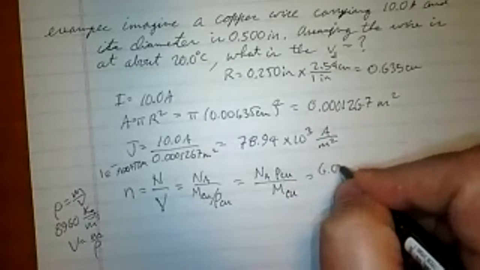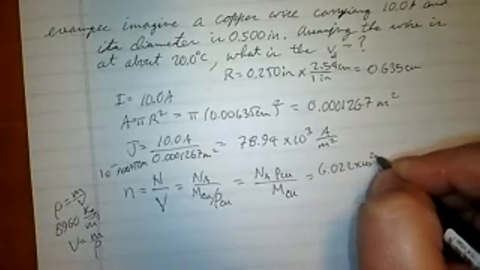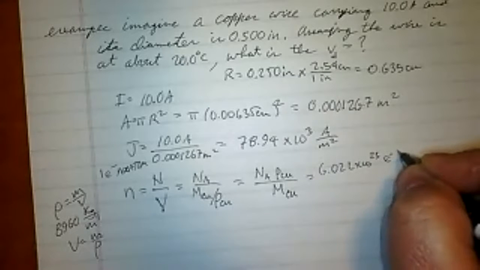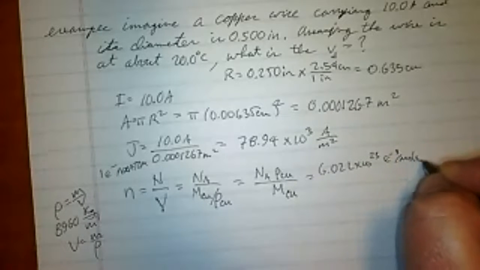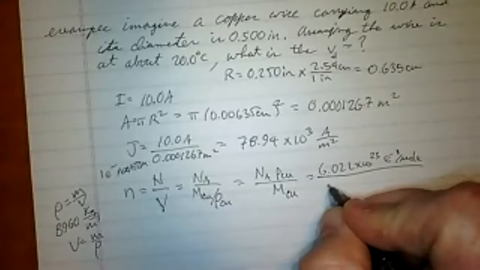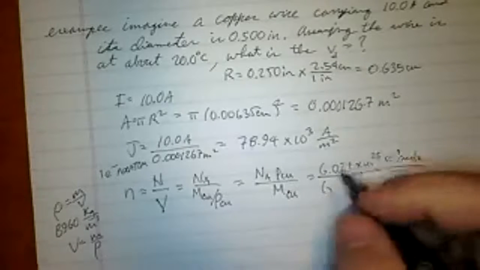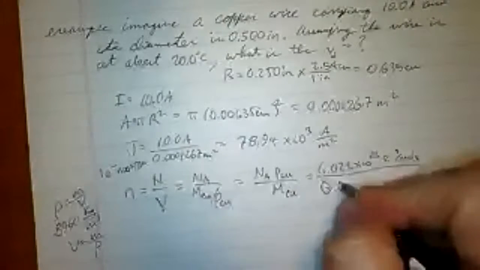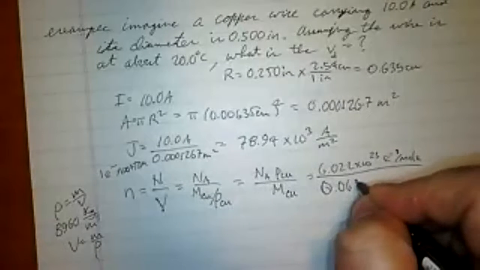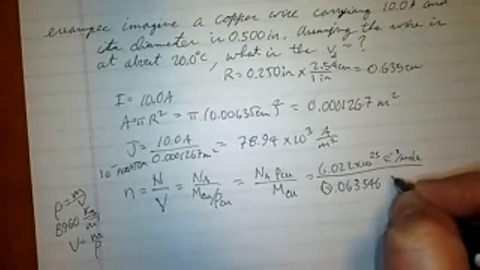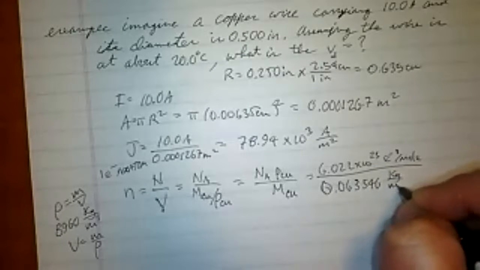So this is 6.022 times 10 to the 23rd per mole. Let me double check that. Copper, 63.546, that's going to be 0.063546 kilograms per mole.